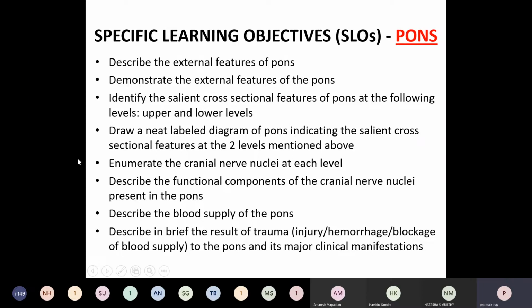Then enumerate or describe the cranial nerve nuclei of the pons present at both levels, and the functional components of the cranial nerve nuclei. Then the blood supply of the pons and the applied anatomy related to the pons, resulting from trauma or hemorrhage caused by any injury to the blood vessels of the pons.